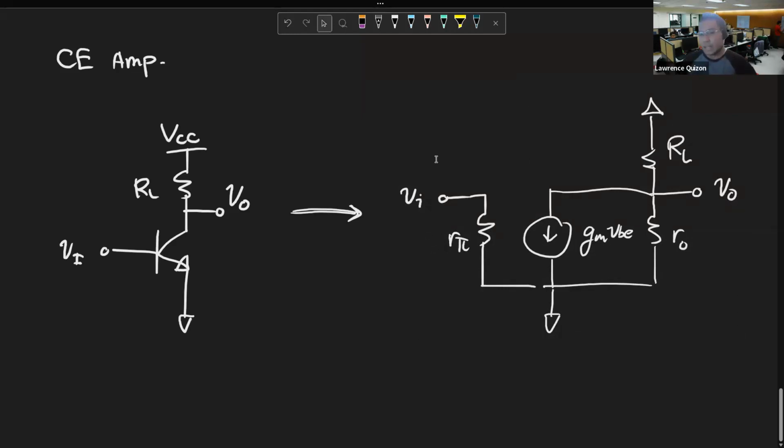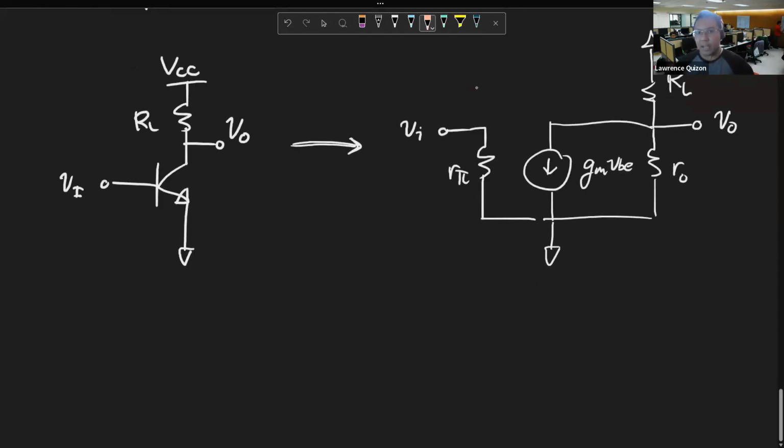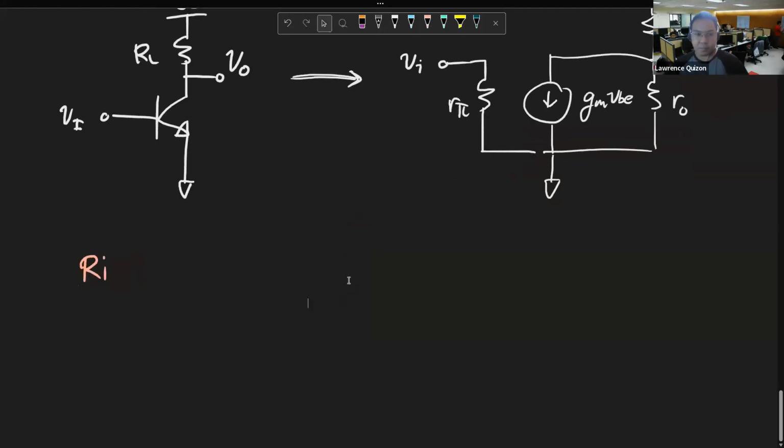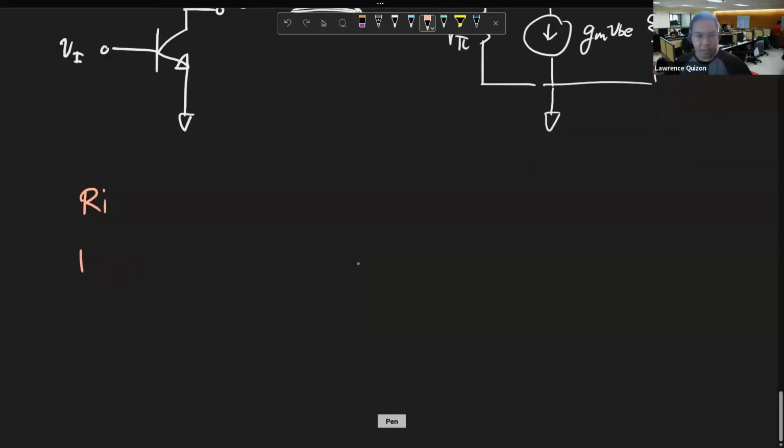ang goal naman natin ngayon, is to find the overall two-port parameters. Those are Rin, Rout, and GM, no? So sige.